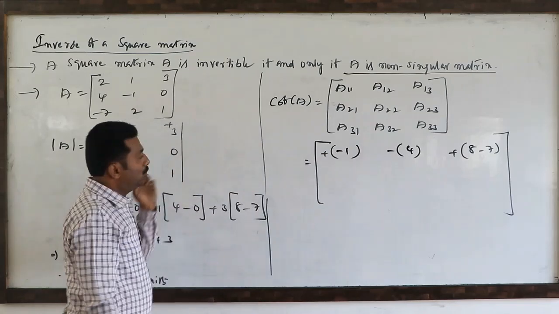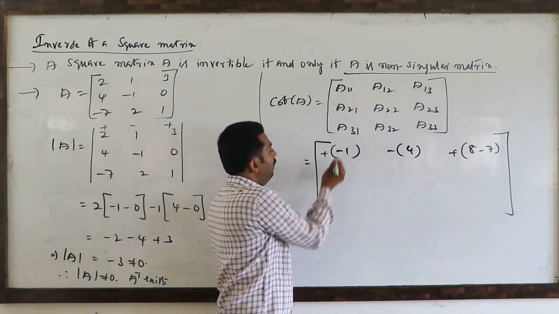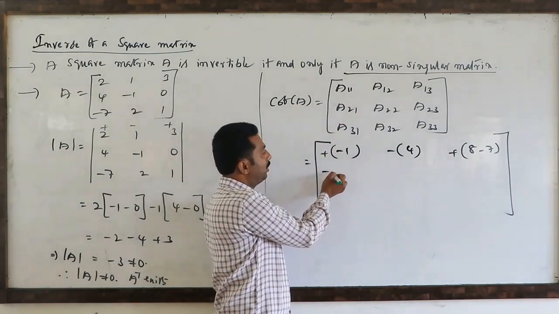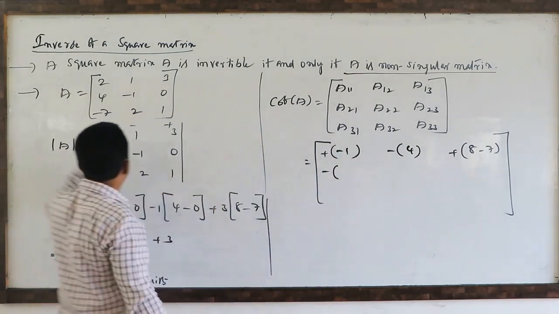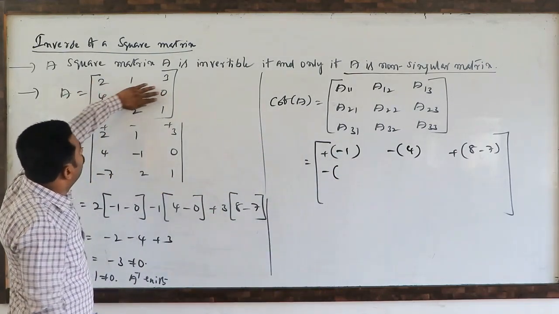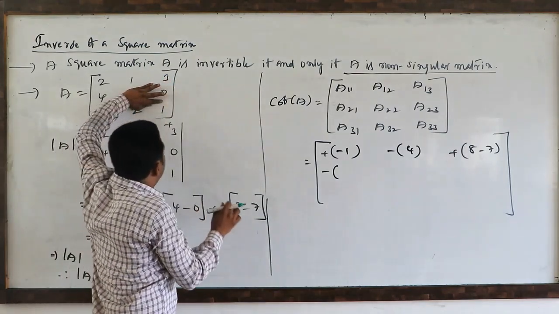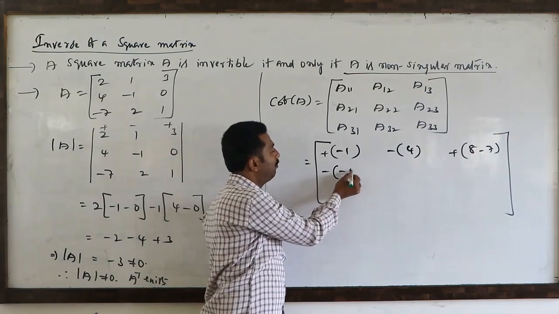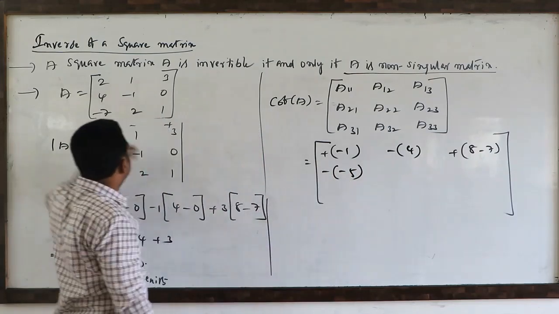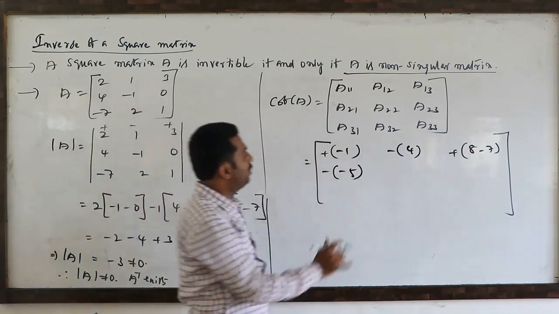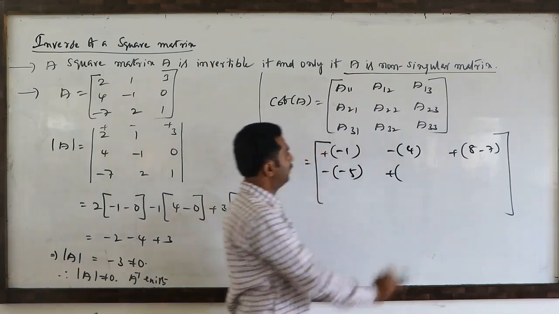Next, A21. 2 plus 1, 3. Sorry, odd number. This is minus symbol. Second row, first column you delete. So you observe 1 minus 6, nothing but minus 5. A22, 2 plus 2 means 4, positive sign.